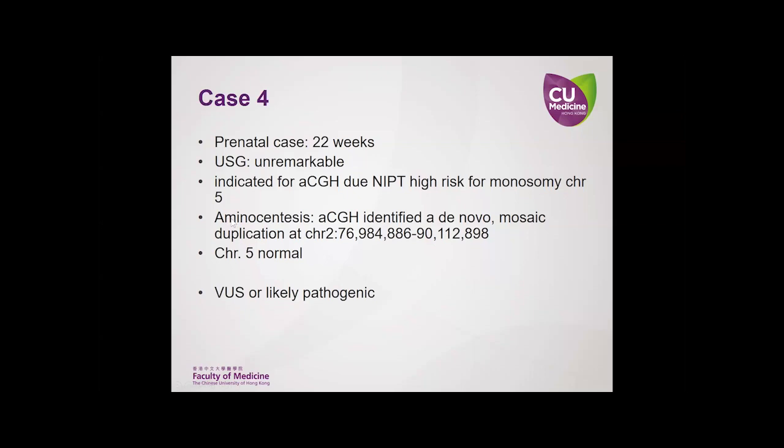Because what if the patients continue the pregnancy and later on, postnatally, this variant is upgraded or downgraded? Then the prenatal genetic consultations and the documentation are the most important evidence of what you have already mentioned to the family. So I think that's it for my case sharing for chromosomal abnormalities.